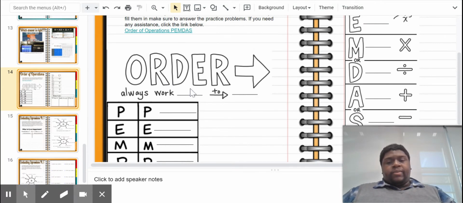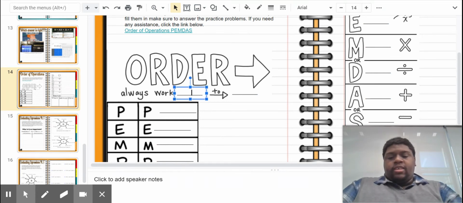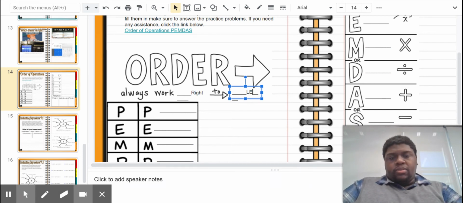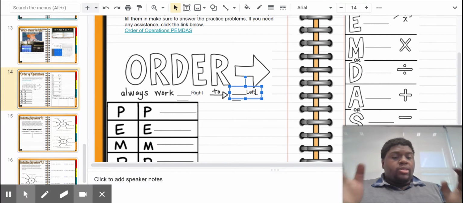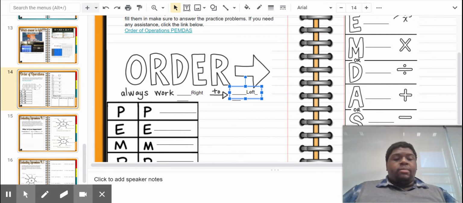With order of operations, you always want to work from the right to the left. Always important to remember that. Not a lot of people adhere to that because it used to be taught in a different way. You would just see where the thing pops up and deal with it at that place.